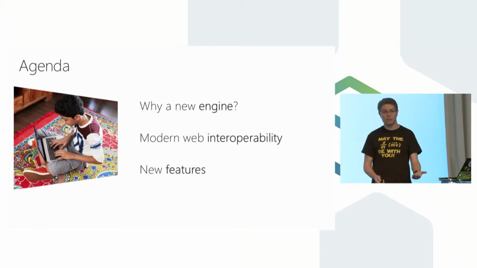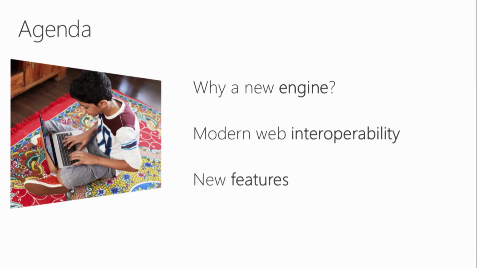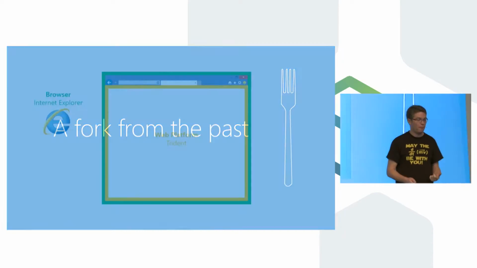First we're going to see why we decided to create a new engine and how we've been working with other vendors like Google, Mozilla, and Opera to try to understand some of the standards that were working fine or not, and try to agree on how to implement them in our browser, and some new features we have in our browser. So we decided to have a fork from the past, and you're going to understand easily why.